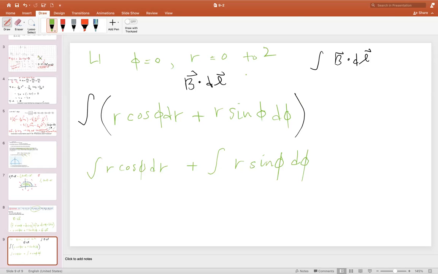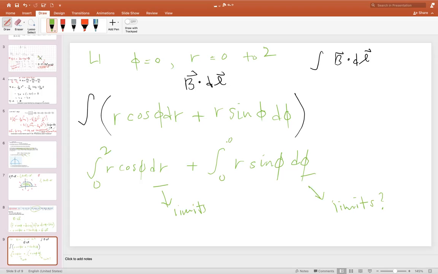All right. So when you do this integral for r, we're integrating r limits. So for the limits on r, we should go from 0 to 2. But what about the phi limits? What should the phi limits be? Phi at that point is 0 and it's not changing.